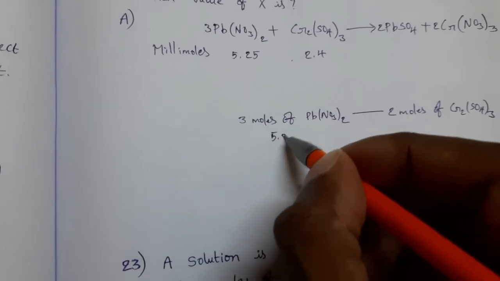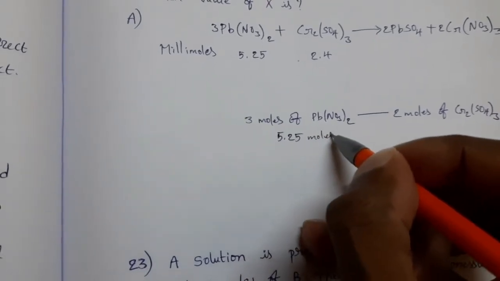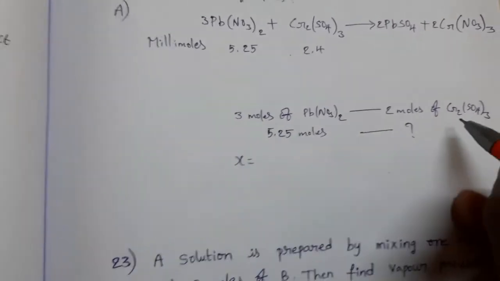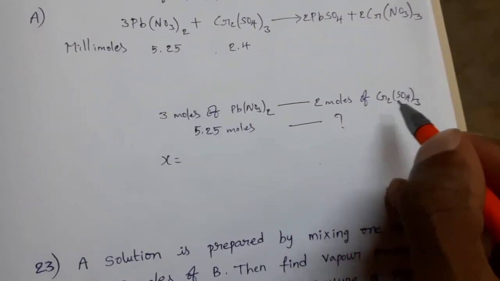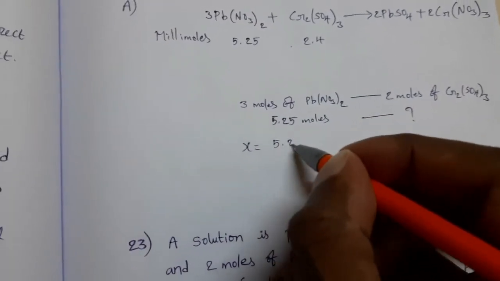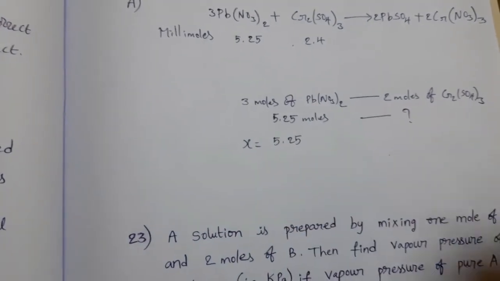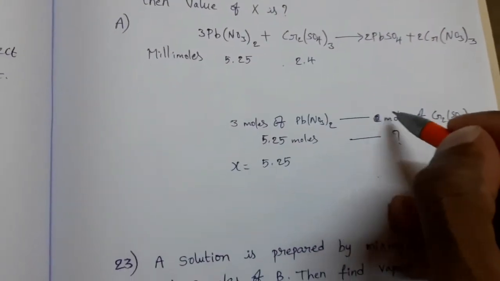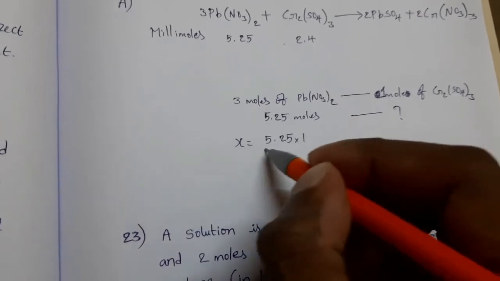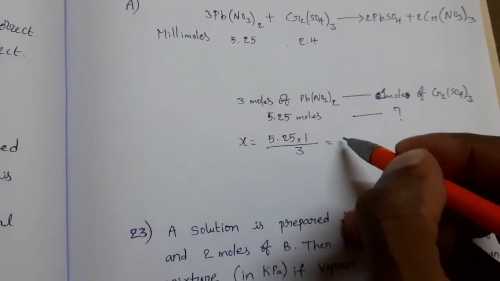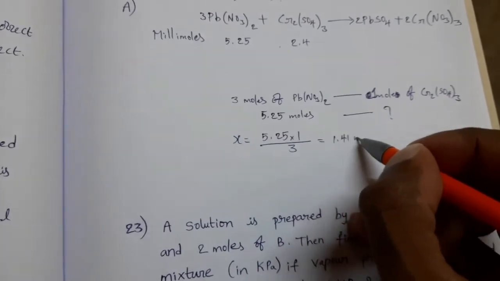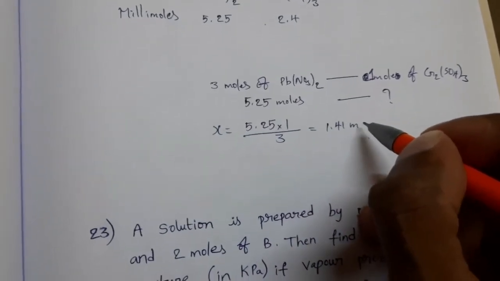Based on the given data, 5.25 millimoles of lead nitrate is present. How many moles of Cr2(SO4)3 can it react with? We should find out, so do cross multiplication: 5.25 divided by 3 equals 1.75 millimoles.